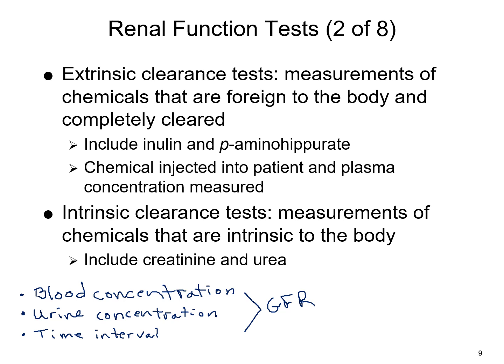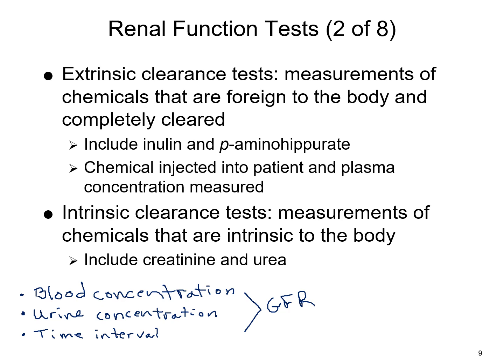We're looking at the concentration of that particular analyte in the blood, we're looking at the concentration of it in the urine, and we're looking at the time interval for the collection of that urine. So the volume of that urine over that particular time gets factored in here as well. And of course, that's going to give you your overall filtration rate of the kidneys and how they're doing their job.